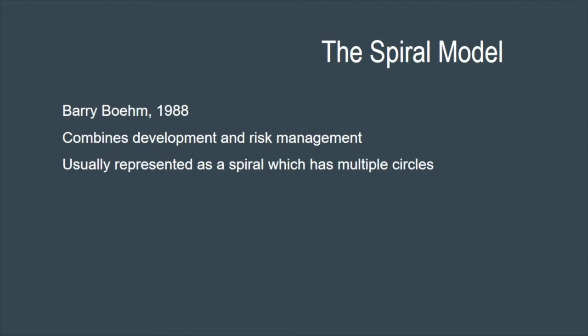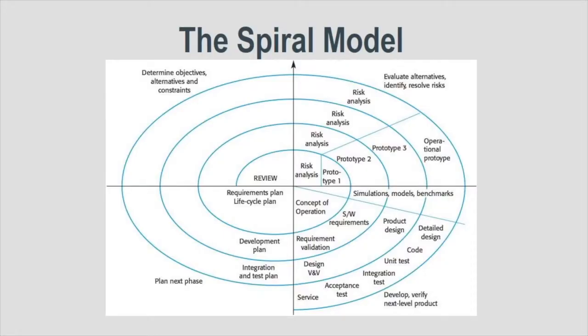What if some risks happen during the building of one of the subsystems of the whole waterfall process? You never know what's going to happen, right? So he suggested this spiral model.